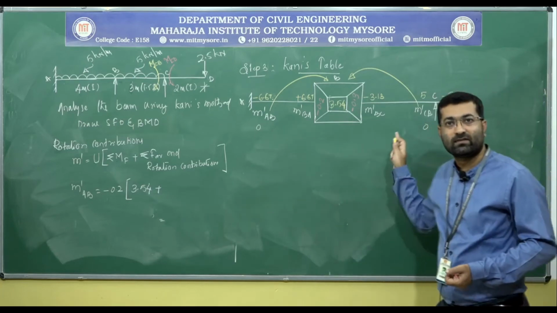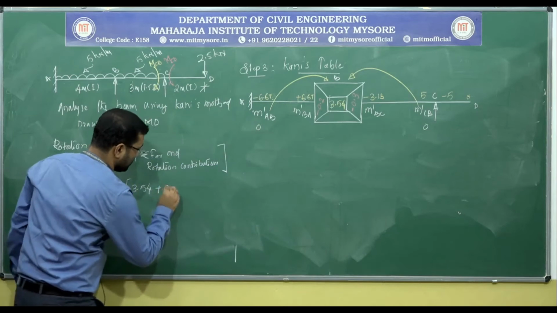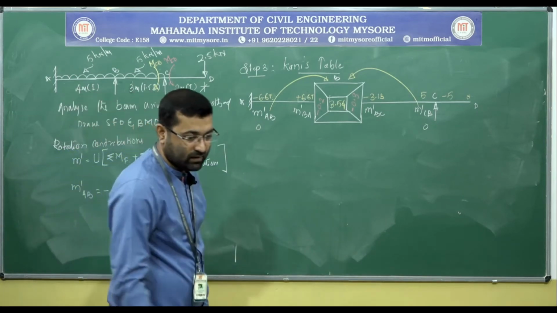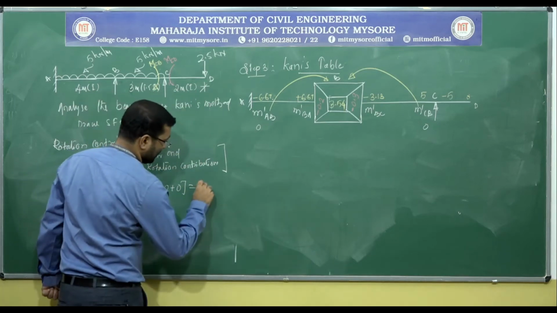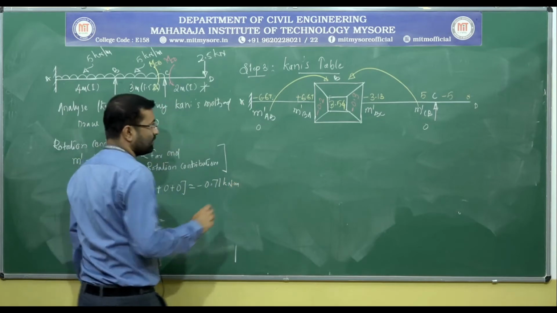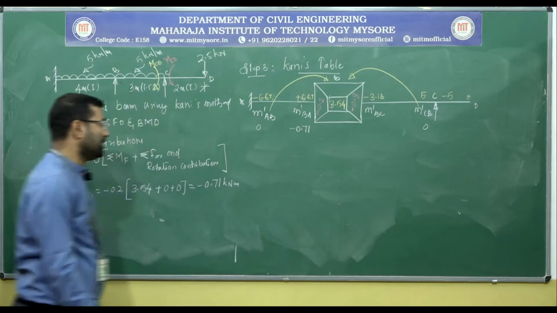They are 0, so let me consider them as 0 in the calculations. 0 plus 0 gives you a value of minus 0.71 kilonewton meter, which I am going to write here.